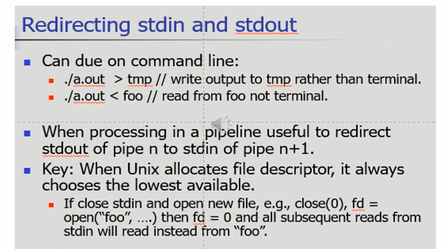Unix allocates file descriptors by always choosing the lowest available. If we close 0 and open a new file, for example close 0, then open foo, the new fd is 0, file descriptor 0. All subsequent reads from standard in will then read from the file foo instead. This is a simple example of how redirection takes place when using standard in, stdin.